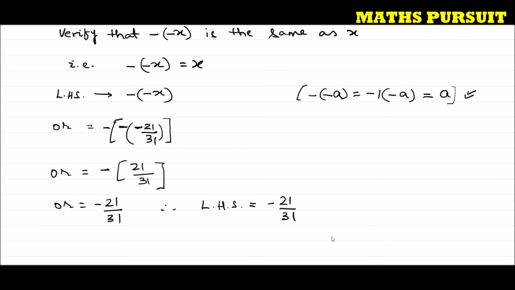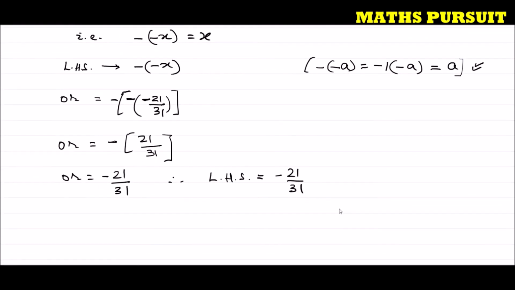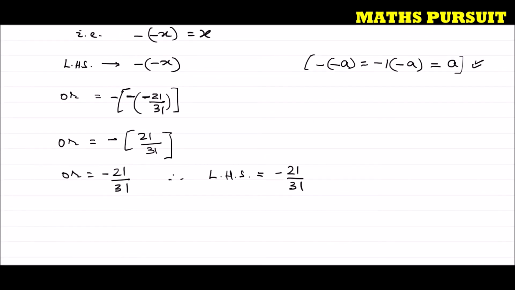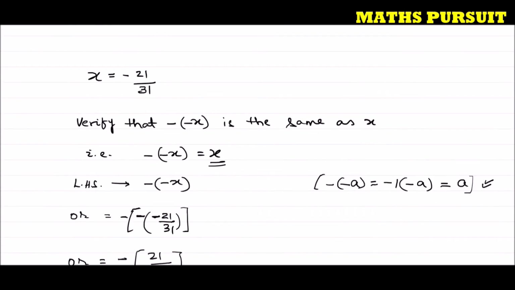Now let us solve the right hand side of this equation. The right hand side of the equation says x. Instead of x, I can replace the value of x, because the question has given us x is equal to minus 21 upon 31.